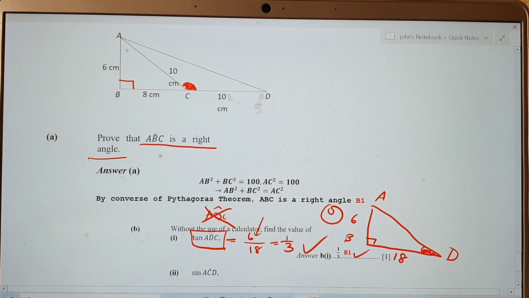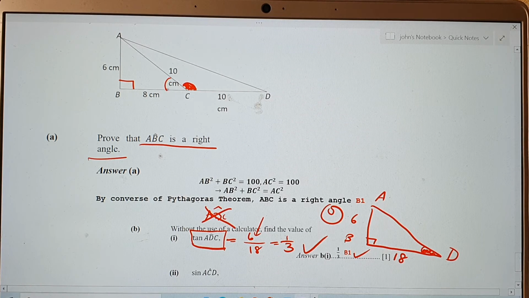Then this fella also no friend. Actually, this fella has a friend, or you can find, but just to tell you very simply, because you cannot use calculator, you cannot use sine rule. Are you all clear? Cannot use sine rule, because you cannot use calculator to do sine inverse. Cannot.